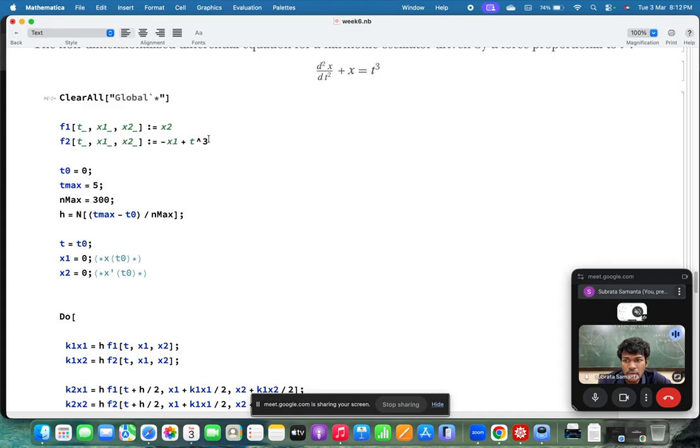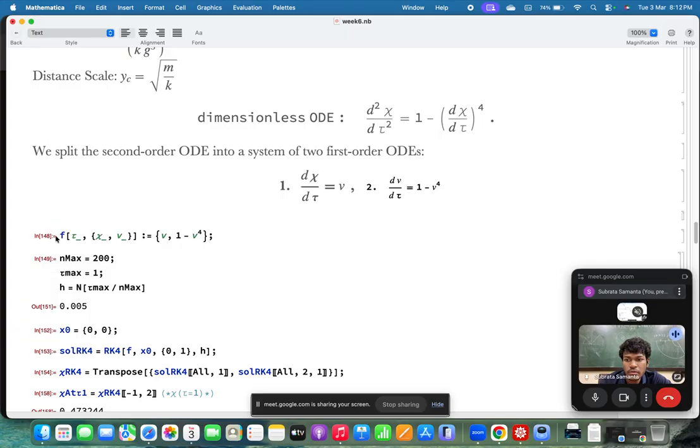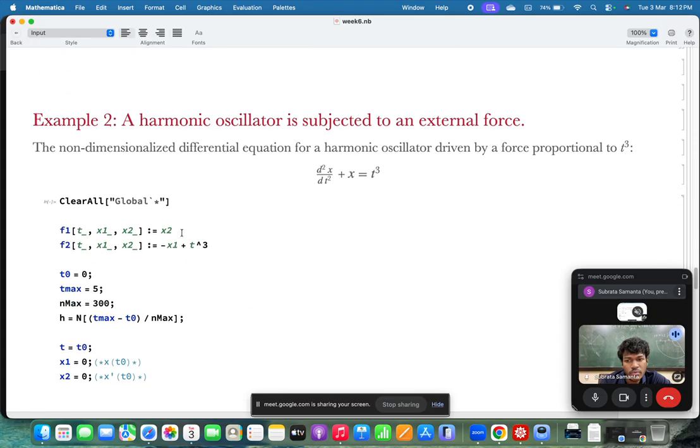I do this in a different way, because you can also define the functions in matrix form, but here I split this into f1 and f2. So, I solve the problems in various ways in this tutorial. Every aspect of things you should understand.